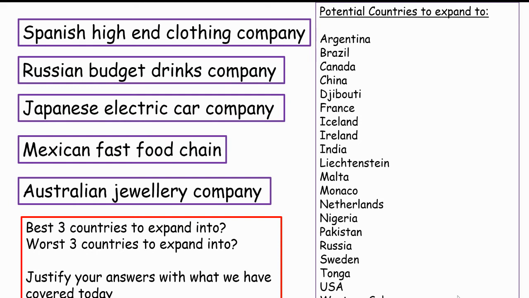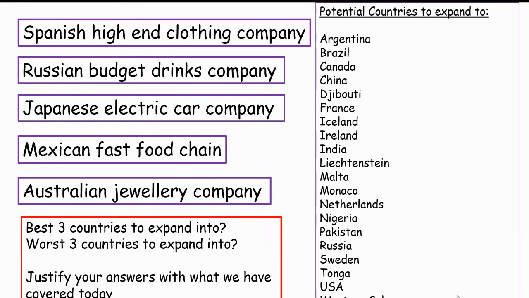Okay, with the things we talked about today. So you can look stuff up, go on the internet, find out population sizes, exchange rates, what the economy is like, what the political system's like, if things are remote or have got good transport links, if the internet's good there or not.